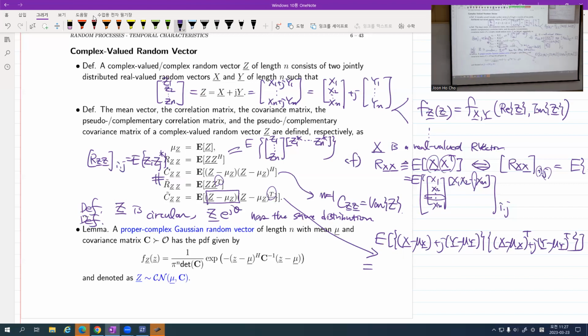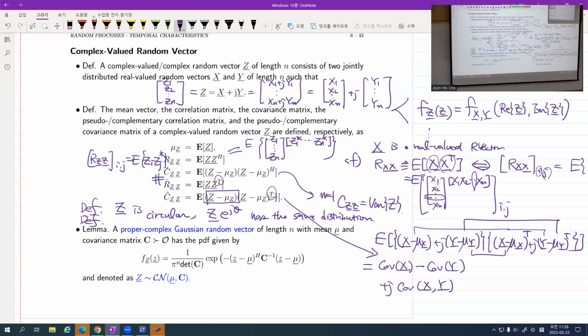You have the covariance matrix of x, right? And then let's consider these two. Then you have negative, minus the covariance of y, right? And then you have this, so j times the covariance of x and y, right?